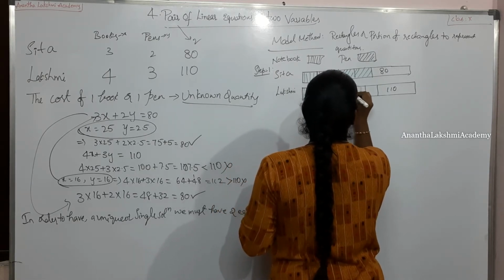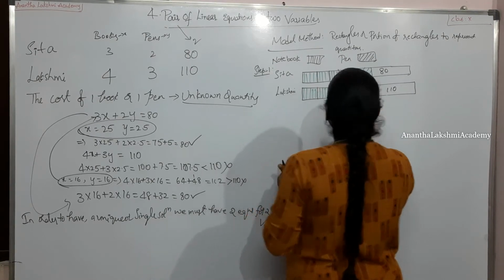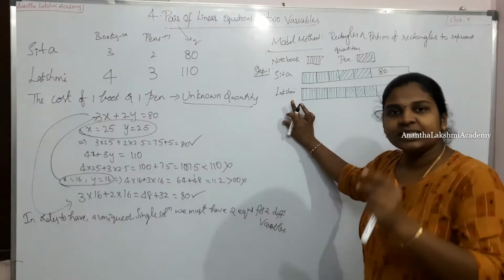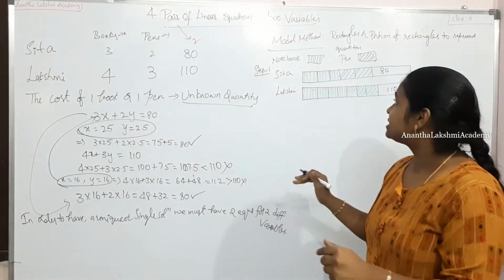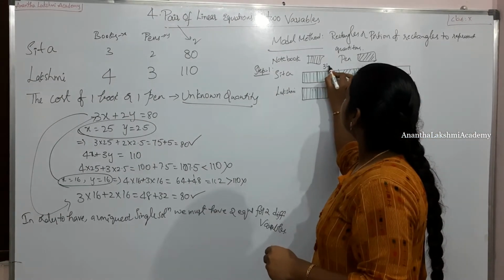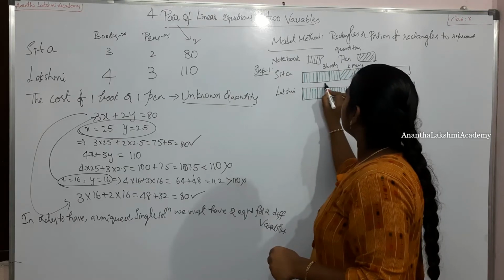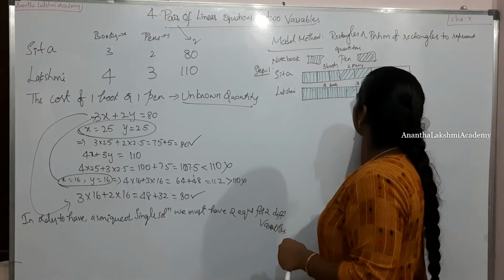What did we do first? We represented whatever quantities we had in rectangular boxes. This is 3 books and 2 pens, and this is 4 books and 3 pens.